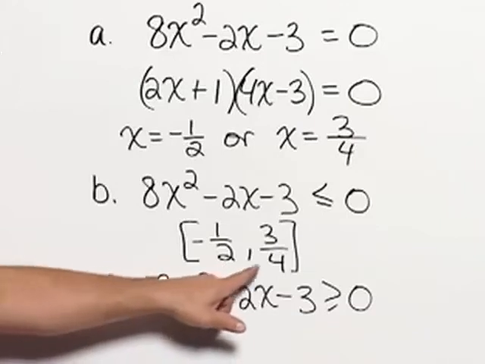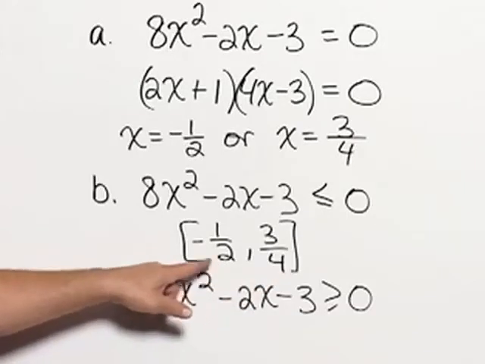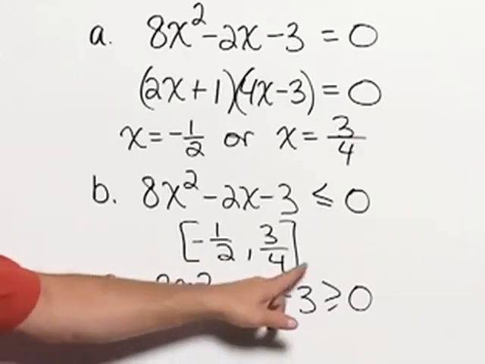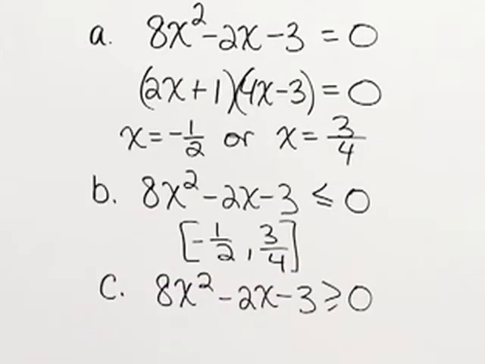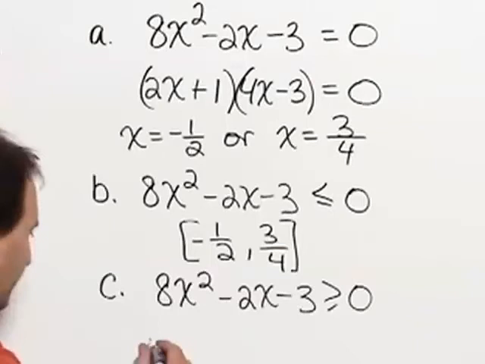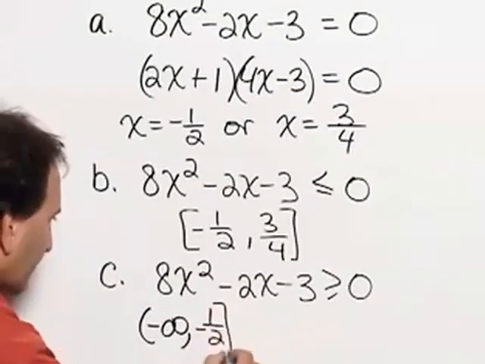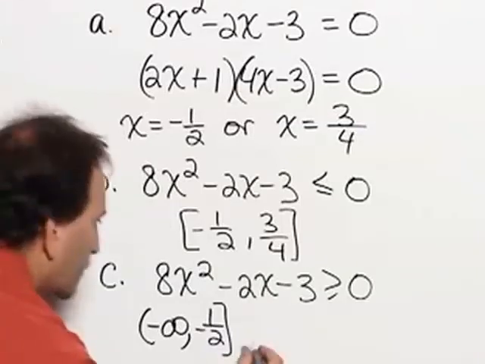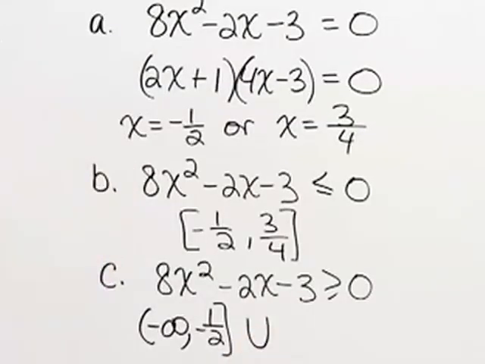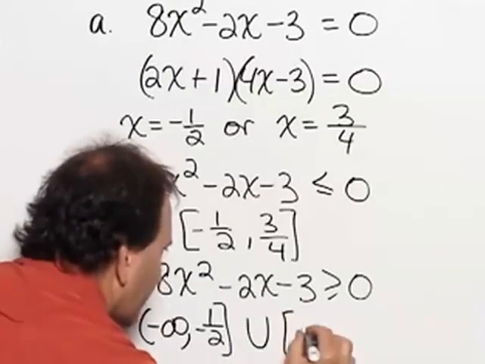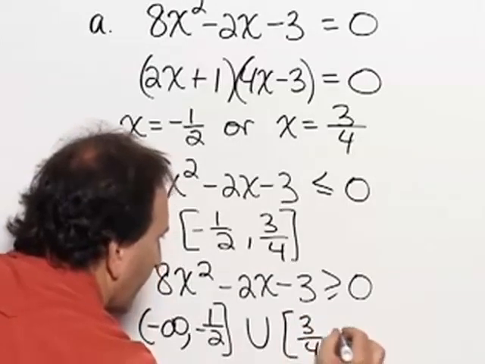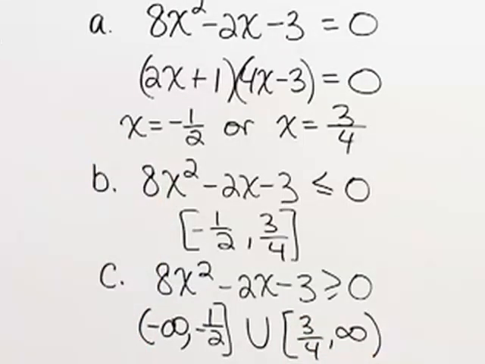It's going to be above the axis to the left of negative 1/2 and to the right of positive 3/4. So therefore, we would write in interval notation, negative infinity up to and including negative 1/2, union starting at 3/4, including the 3/4, going up through positive infinity.